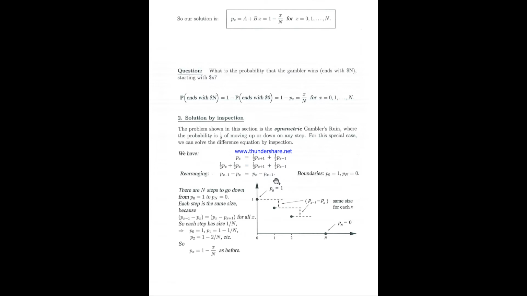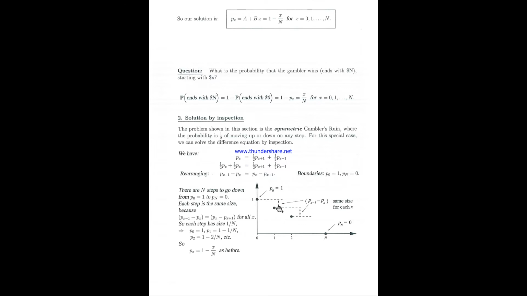Now you can see, the distance between Px minus 1 and Px is the same distance as Px minus Px plus 1, right?